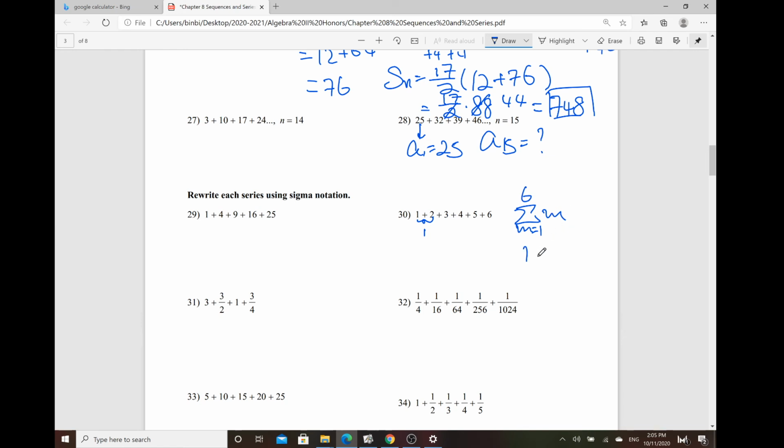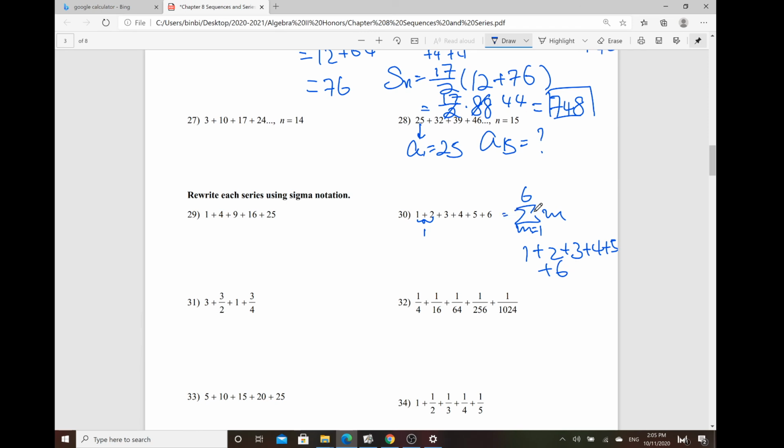What that means is 1 plus 2 plus 3 plus 4 plus 5 plus 6 all the way. The lower number gives you the initial term and the upper number gives you the ending term. So 1 plus 2 plus 3 plus 4 plus 5 plus 6 with sigma.